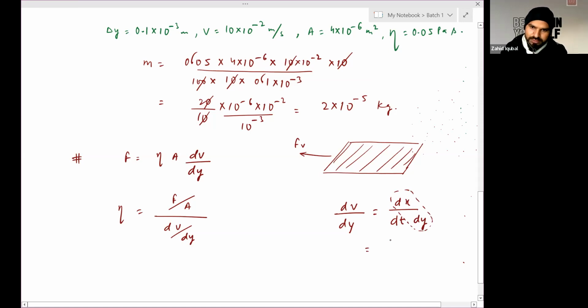So we can call this particular term strain rate. This numerator part, F divided by A, force acting tangentially to the surface per unit area, will be termed as shear stress. So this ratio will become shear stress divided by strain rate.